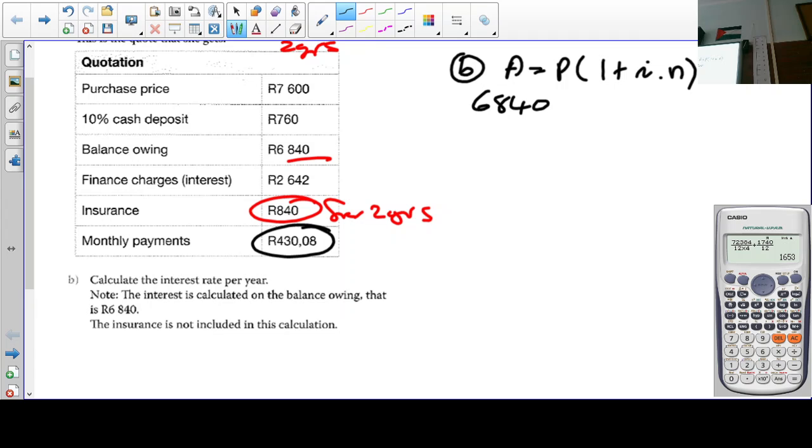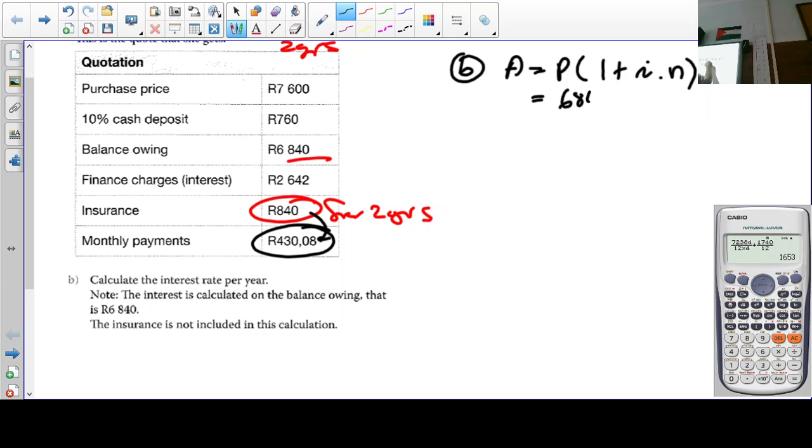So we're going to assume that the insurance is added here, yes or no? Yes. We could be wrong. So this is your P value. Okay, let's go with it. Let's see if we get the answer they're looking for.